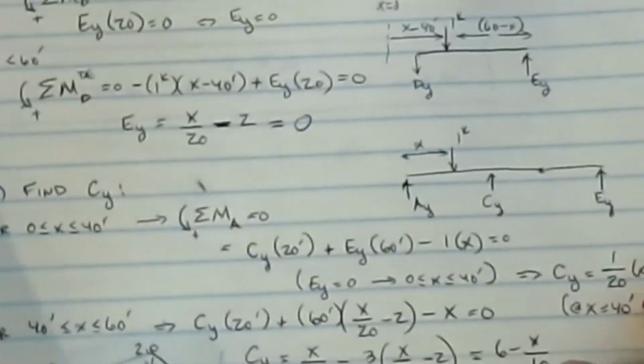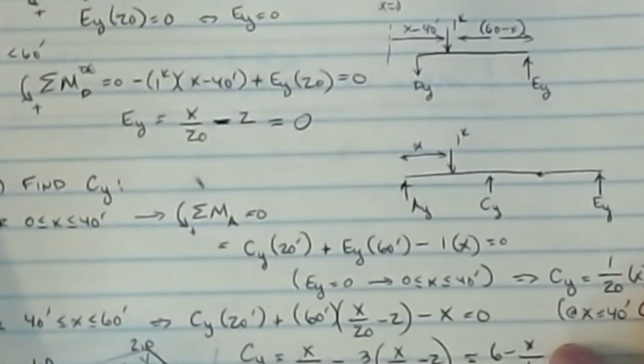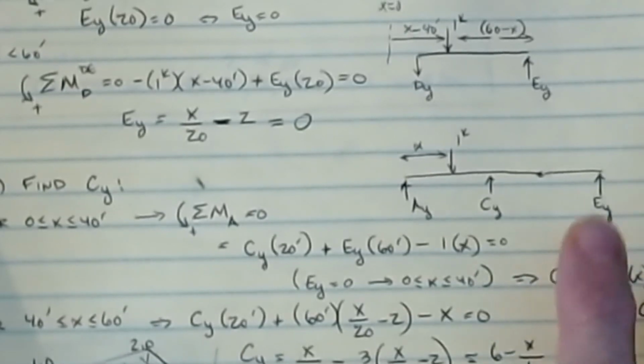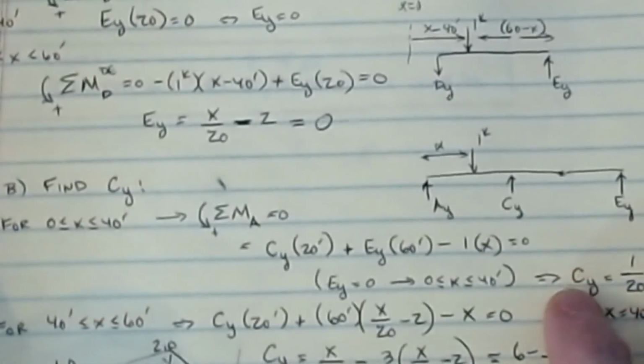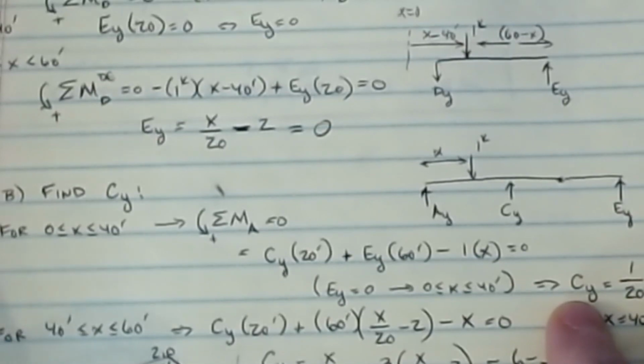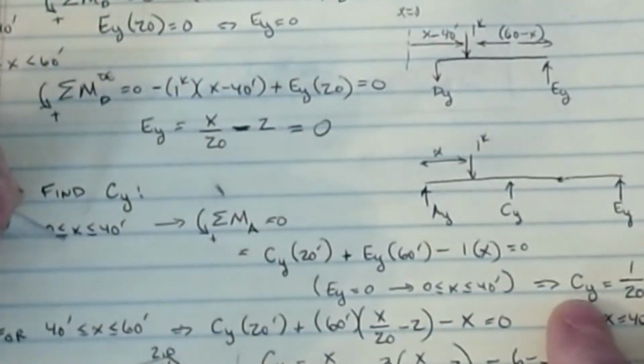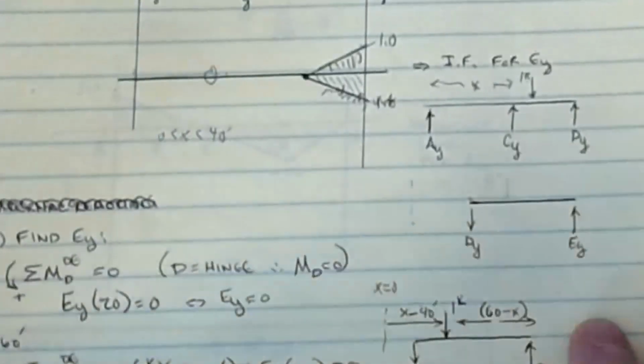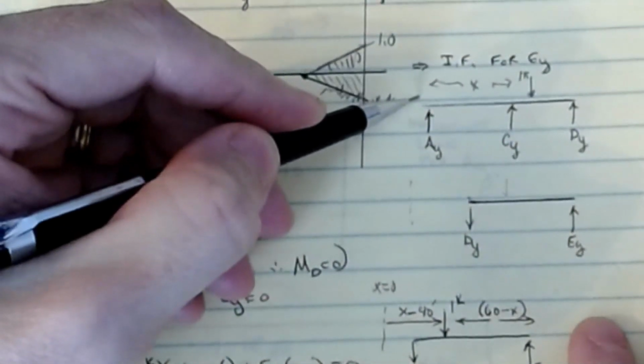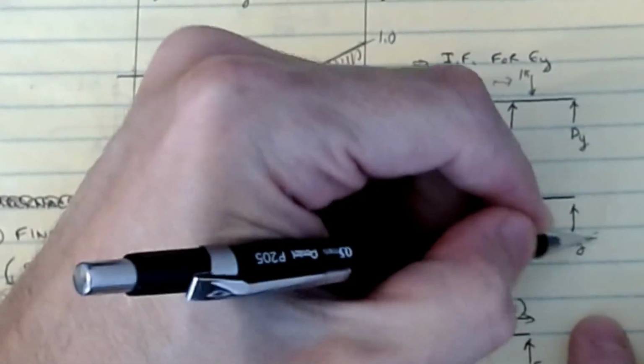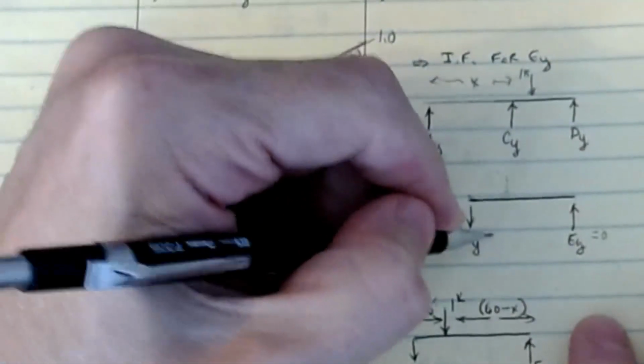Okay, so for C, the picture we would look at looks something like this, that we would have our effect on this. So if we look at when x is between 0 and 40, we would be looking again at this picture. Now we already know that on this picture EY was 0, which would make DY 0, which would then make this DY 0.